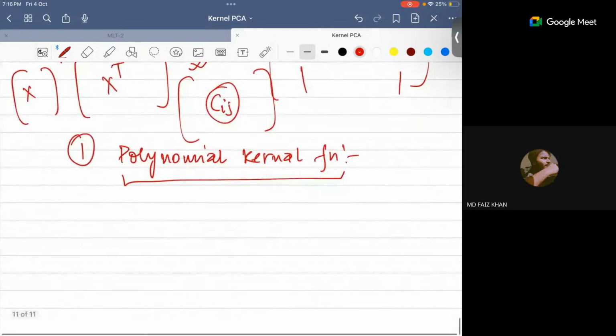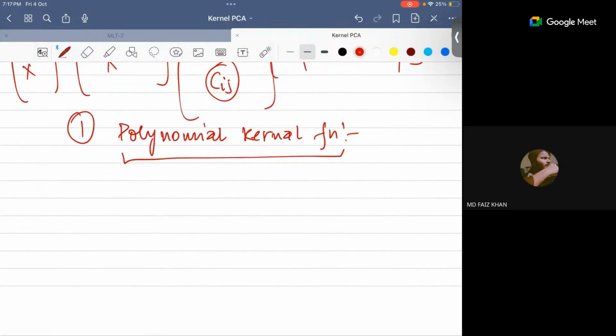So here also, the kernel function can help us in getting this directly. I'll tell you how you represent that kernel function.